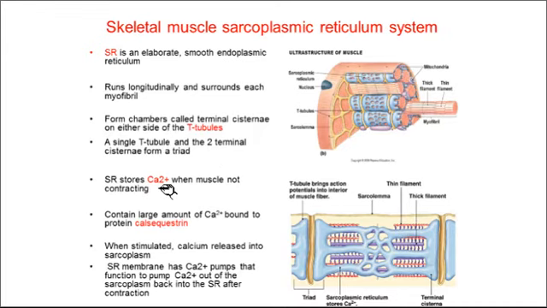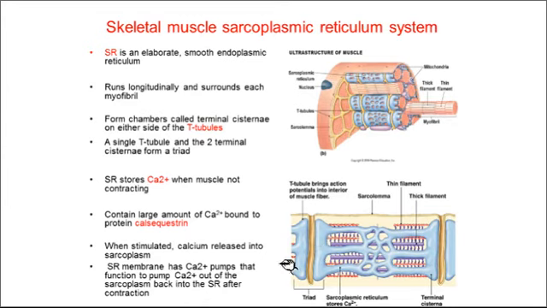The sarcoplasmic reticulum stores calcium when the muscle is not contracting, in the relaxation state. It contains a large amount of calcium bound to a protein called calsequestrin. When stimulated, calcium is released into the sarcoplasm.